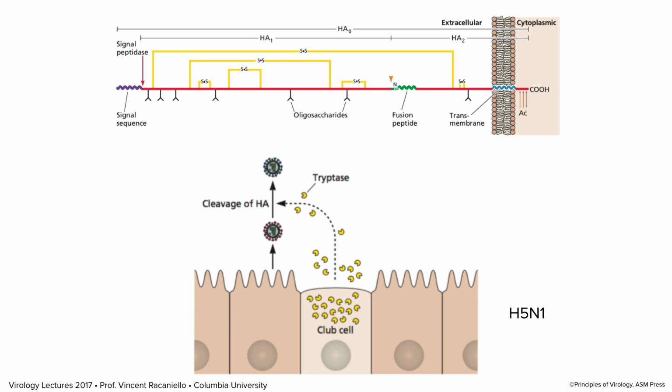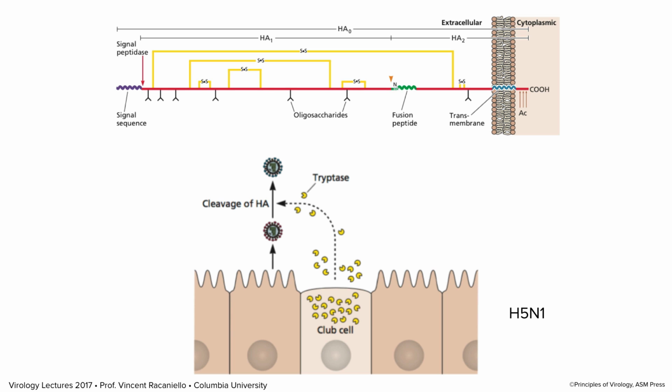So here's an example of tropism of influenza virus determined by cleavage of the hemagglutinin. So remember, the hemagglutinin is the glycoprotein on the virus particle. It attaches to the cell receptor. And remember, it needs to be cleaved in order for the virus to be infectious. It has to be cleaved right N-terminus to the fusion peptide, so that when the virus infects a cell and the pH drops, the fusion peptide will pop up and enable fusion.